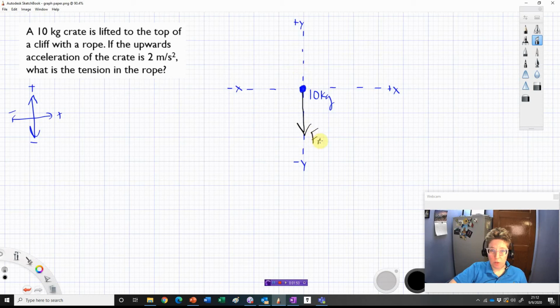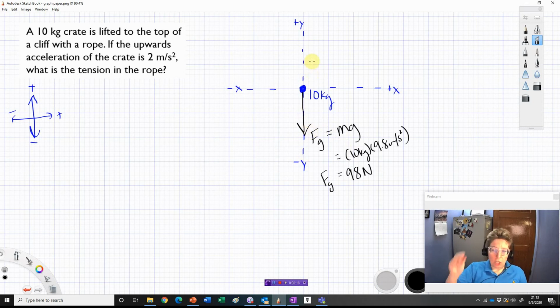The force of gravity, for this crate, would be m times g, which this crate is 10 kilograms, and g is 9.8 meters per second squared. So the force of gravity has a magnitude of 98 newtons. Okay, pulling down.